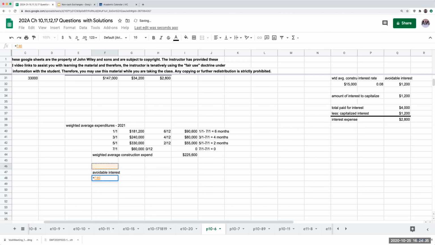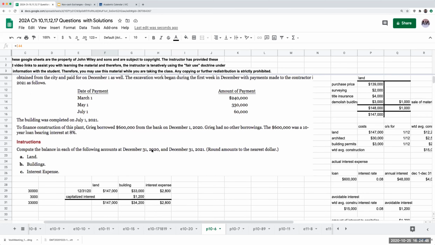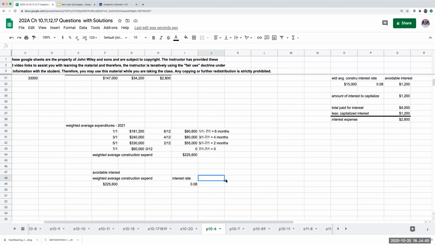So my avoidable interest is going to be my weighted average construction expenditures times the interest rate. Since I only had one construction loan and this amount falls below the $600,000, the avoidable interest is going to be 225,600 times 8%, or 18,048.